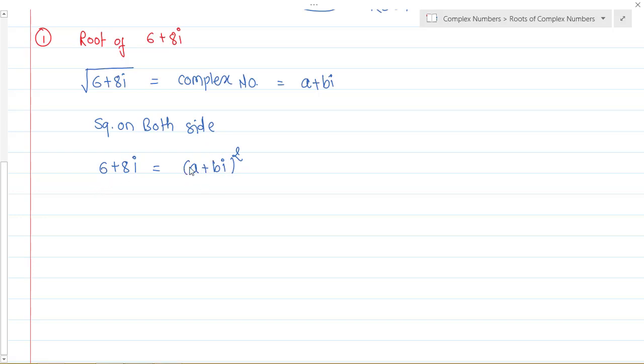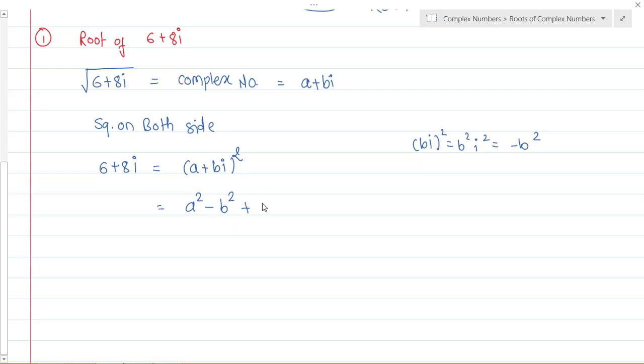Now let's open this. This is equal to a square minus, by this time you know that bi square is nothing but b square times i square, which is minus b square.